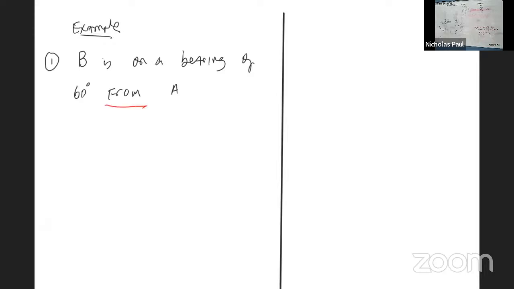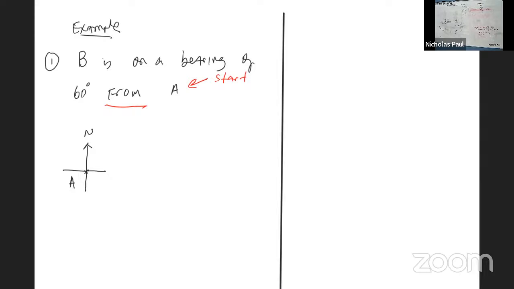This word here tells us that we're starting from A. Okay? So watch this here. Take a look. So you do your little cardinal points. Here is your north. You're starting at A. That point in the middle is A. And it's 60 degrees. So you're measuring 60 from the north in a clockwise direction.